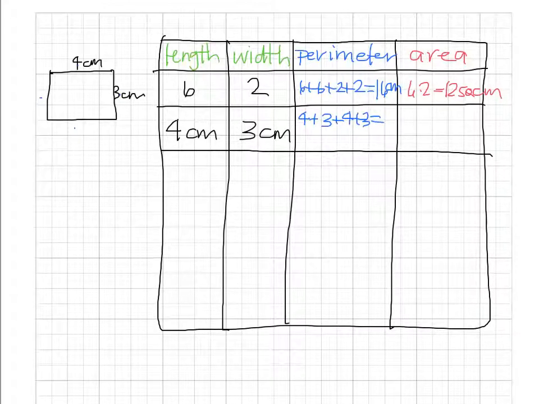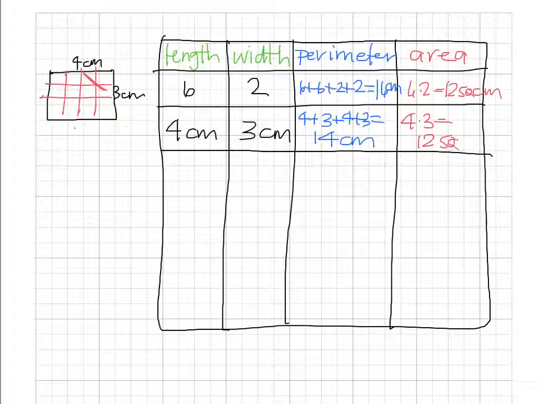That's going to give us 14 centimeters. Area, remember, we're going to make as many squares as we can, and to do that, we're basically multiplying 4 times 3. 4 times 3 is 12 square centimeters.